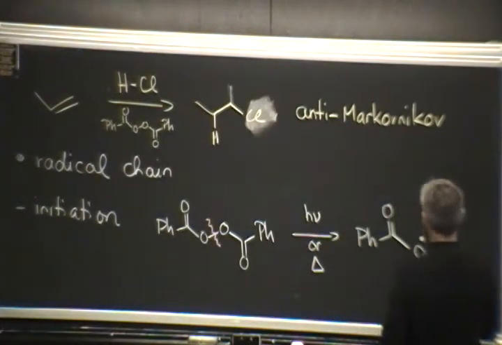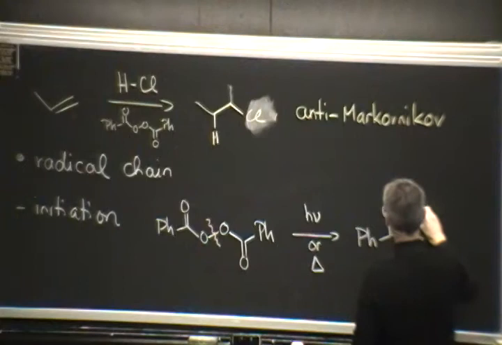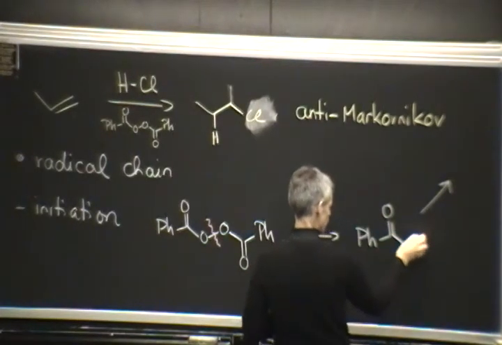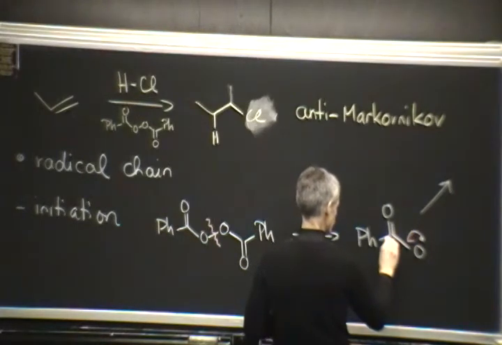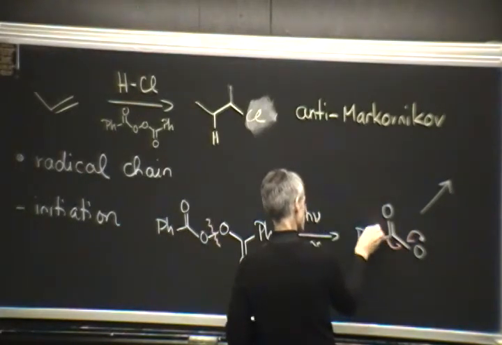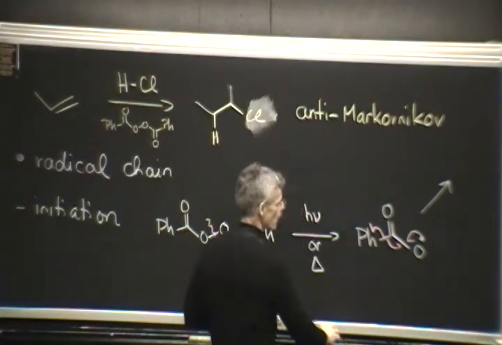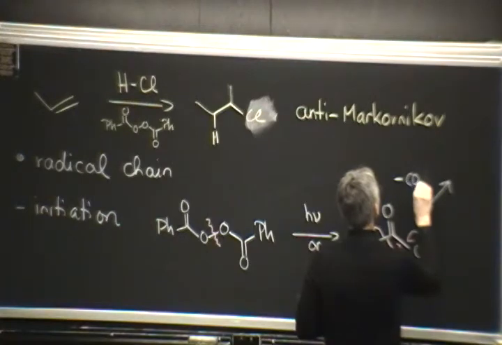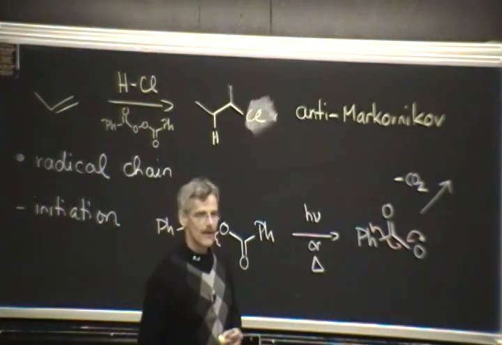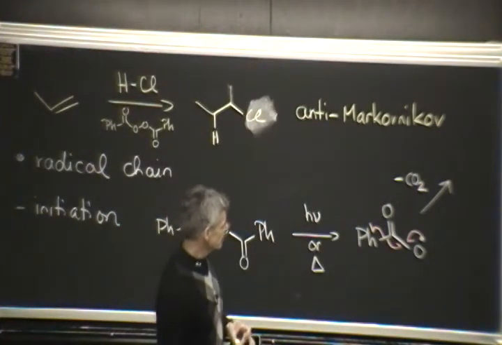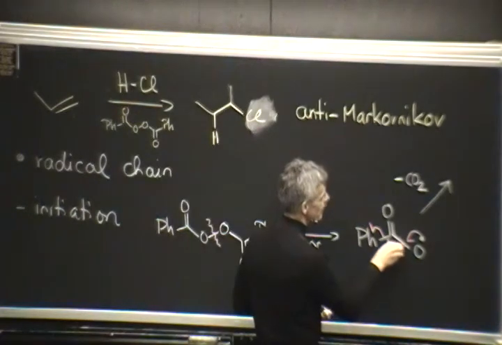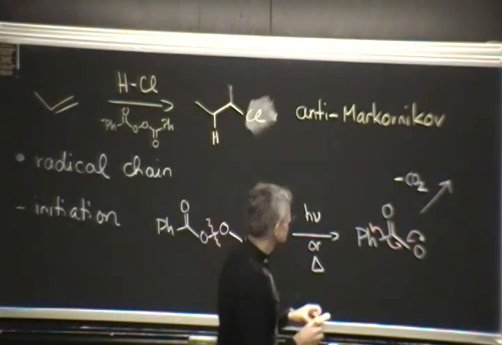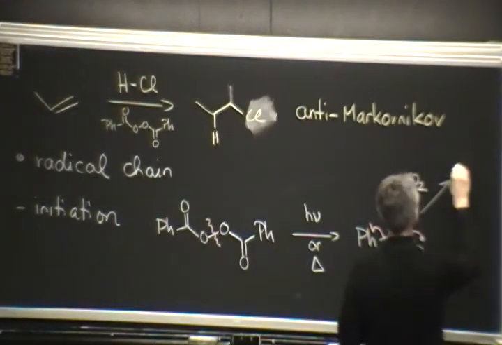But I would like to point out that this has an additional pathway that is actually quite favorable and occurs quite readily, because of the formation of carbon dioxide. This benzoate radical can, through this radical cleavage mechanism, denoted with the single-headed arrows that I use for radical pathways, collapse to give a phenyl radical.